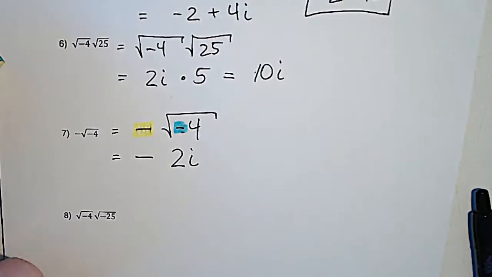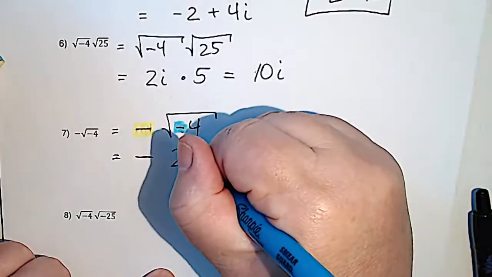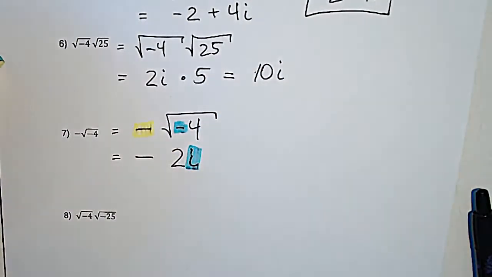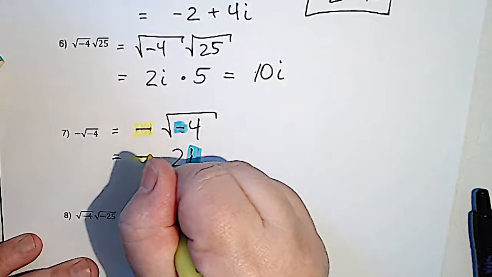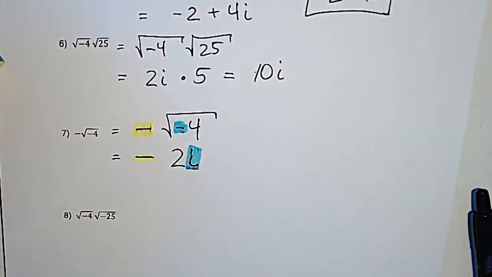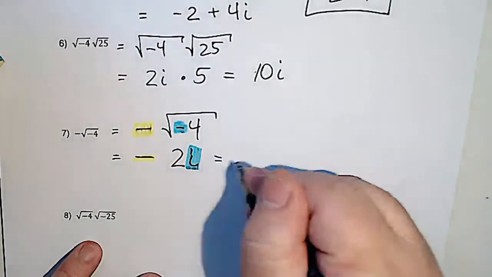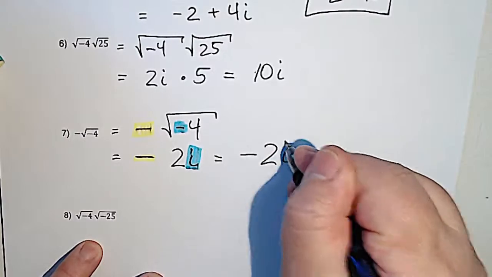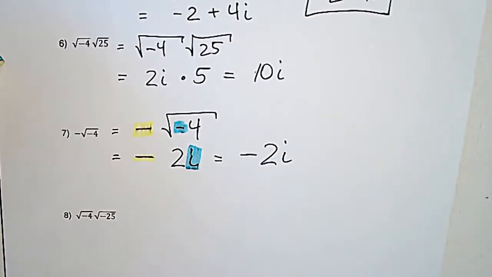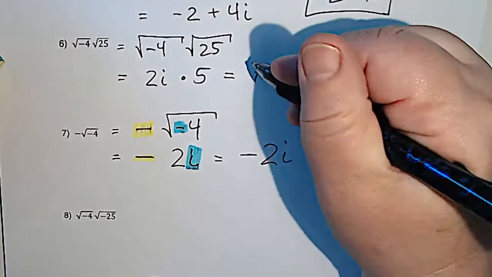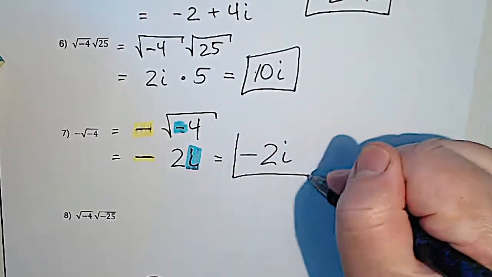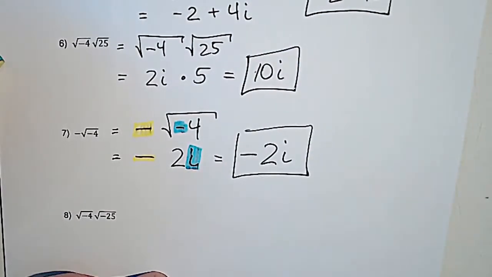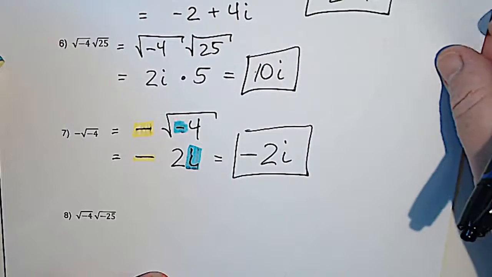So the minus on the inside gave us the i. And the minus on the outside changes the sign. So we get negative 2i, the opposite of 2i. Oh, I forgot to box these. Happy little boxes. We'll put happy little boxes everywhere over our paper.